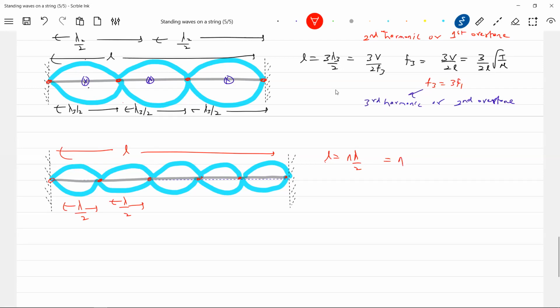Then this should be equal to L, and lambda is v by f. Therefore f equals nv by 2L, or fn equals n by 2L times root of T by mu. This is called the nth harmonic.